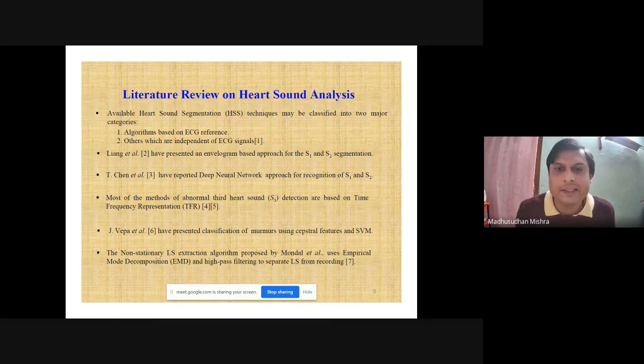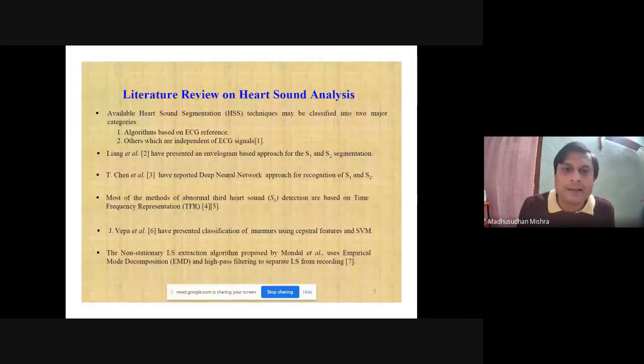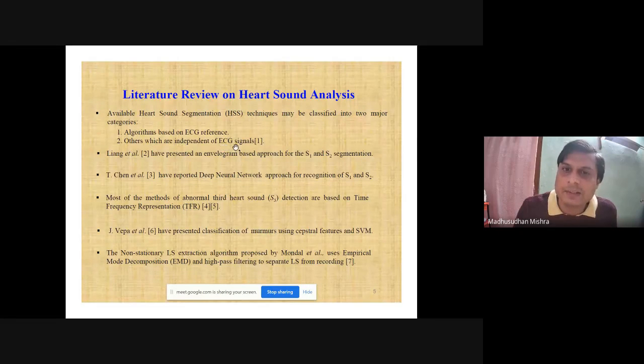Though this method is very robust, more reliable and more accurate, researchers still do not prefer much the algorithms which require ECG as a reference for segmentation of heart sounds S1 and S2. So most of the researchers follow the latter method, the second one, where the segmentation techniques are independent of the electrocardiogram signal. Only the phonocardiogram signal will be sufficient for segmentation and for further processing.